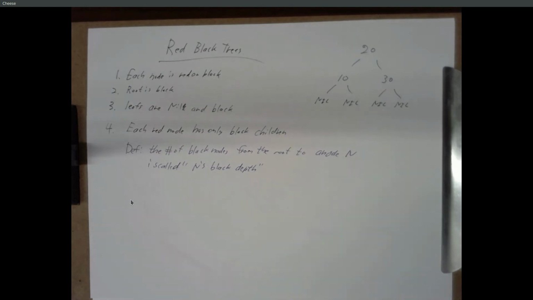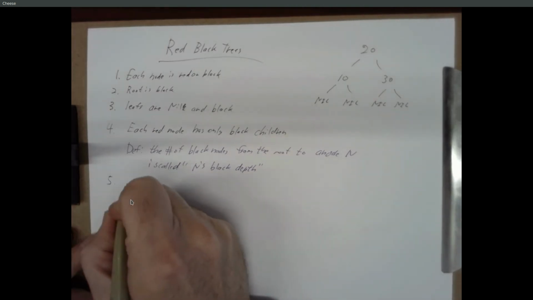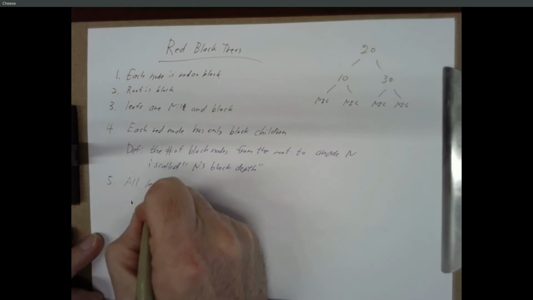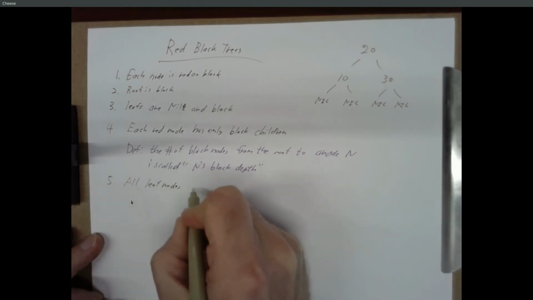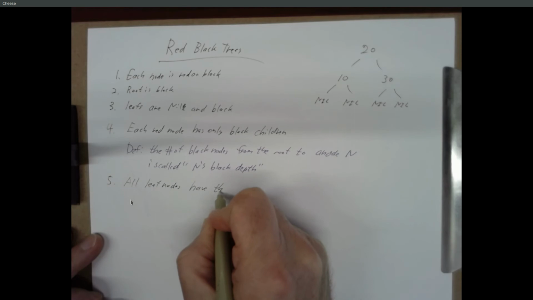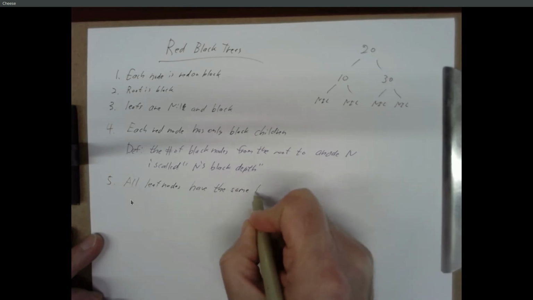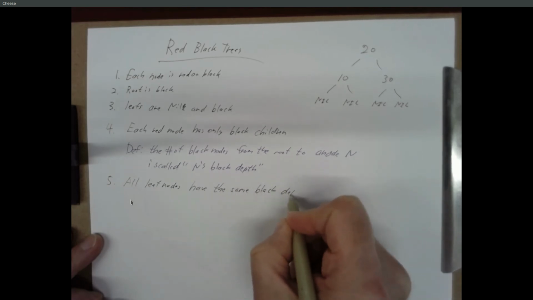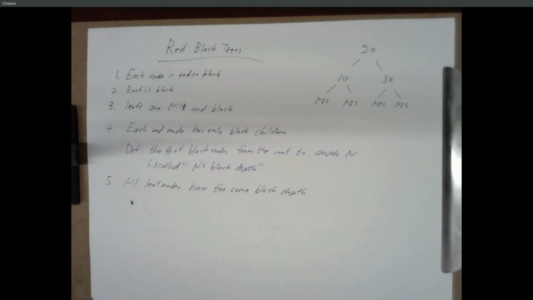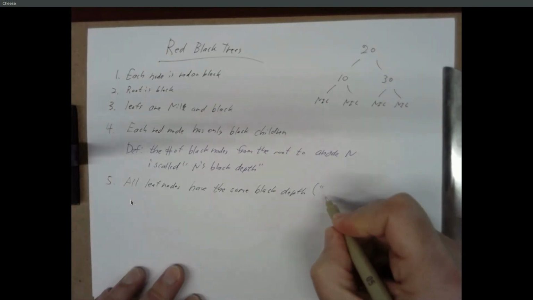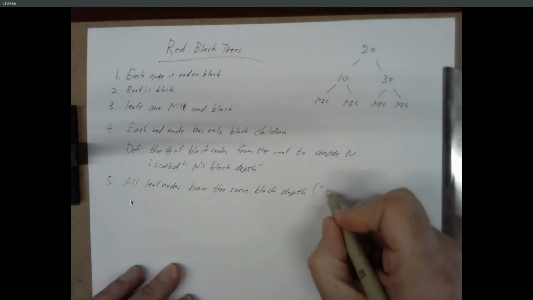The black depth is just how many black nodes there are from the root to that node. So it's a modified notion of depth. Property 5 is that all leaf nodes have the same black depth. And we call that number the black height of the tree.